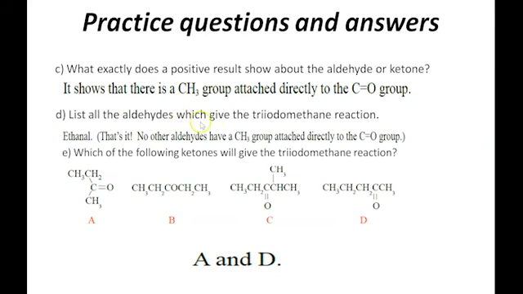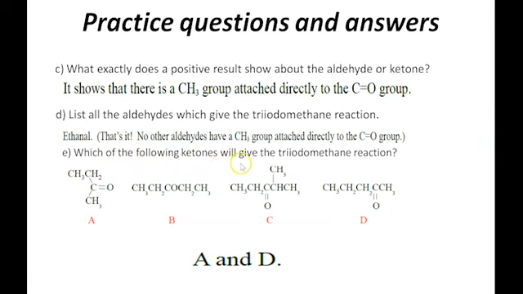List all the aldehydes which give the triiodomethane reaction. As I have already discussed, the only aldehyde that can give a positive result is ethanal. And the reason is that in ethanal the methyl group is directly attached to the carbonyl group, unlike other aldehydes.